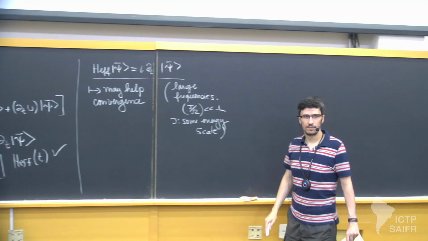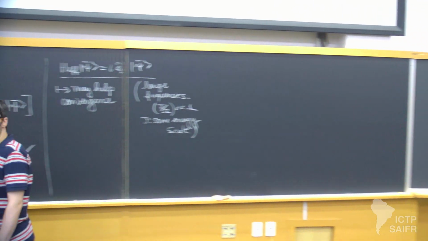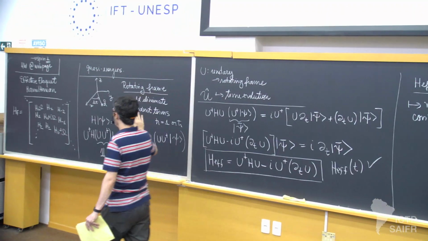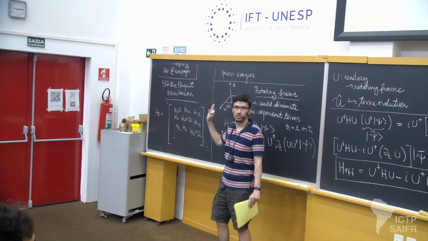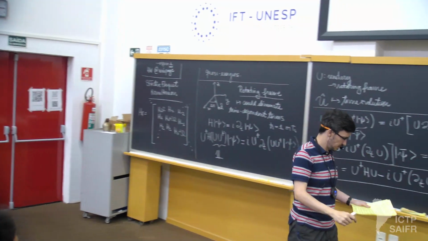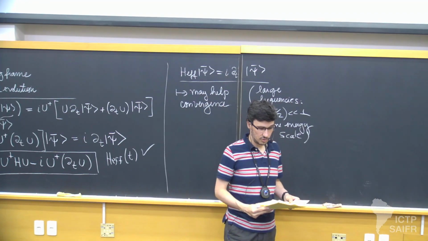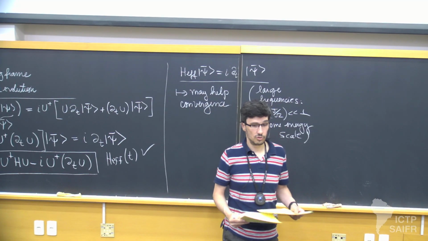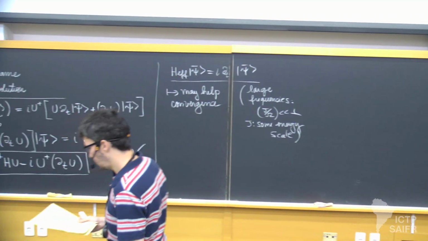It's going to become much clearer later, but this transformation is useful. We can do Floquet engineering on top of this, or maybe this transformation already solves the problem completely. For the case of the spin 1/2 that I told you yesterday, this transformation is sufficient to solve the problem. It's the simplest problem that we can solve.